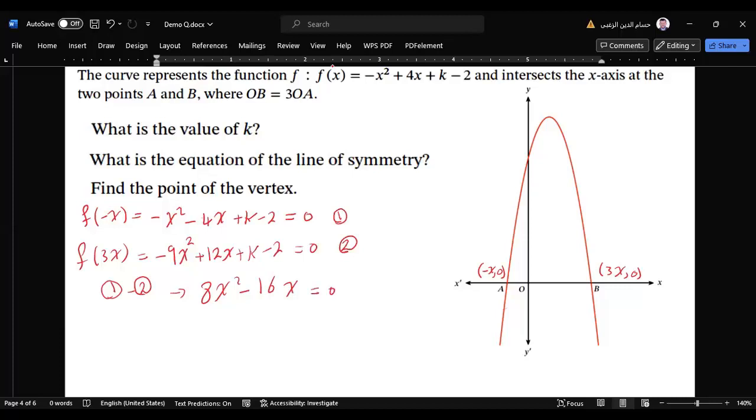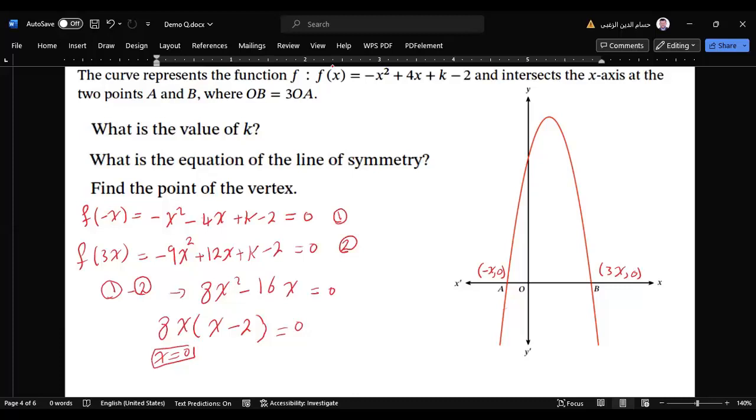By taking out the highest common factor, which here is 8x, it will be x minus 2 equals 0. So x equals 0 is refused, because x here is not 0.